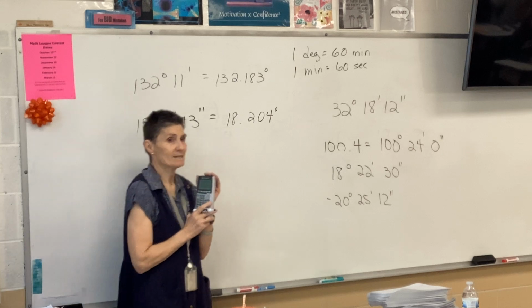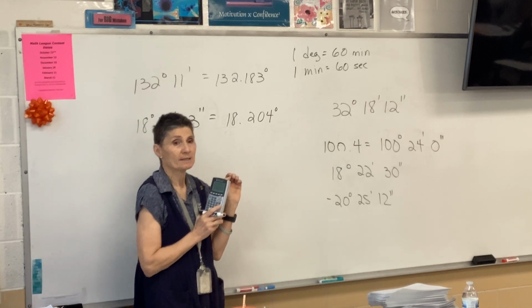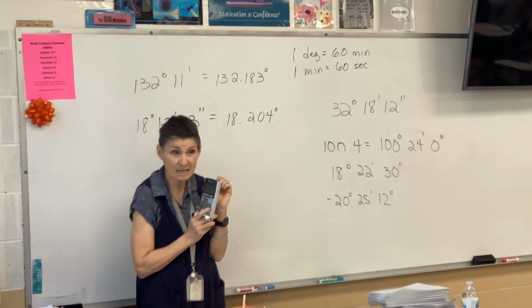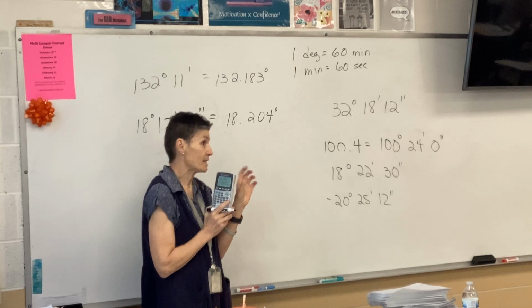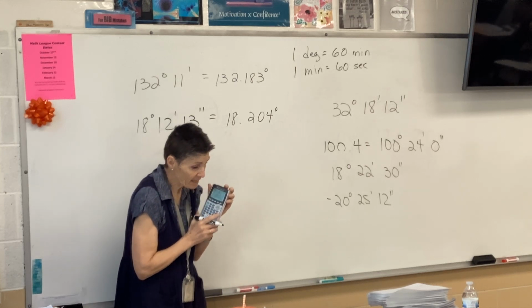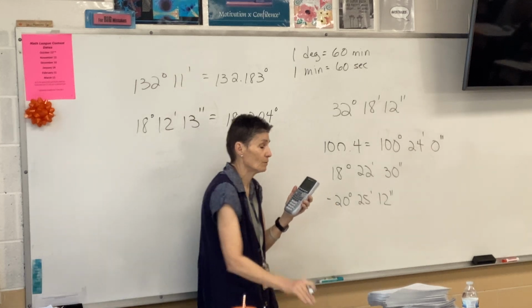So where is the second mark, for some unknown reason? Above the plus sign in green. Green means you use the alpha button. All right, you do the last one: negative 152, 18, 39. See if you can remember.